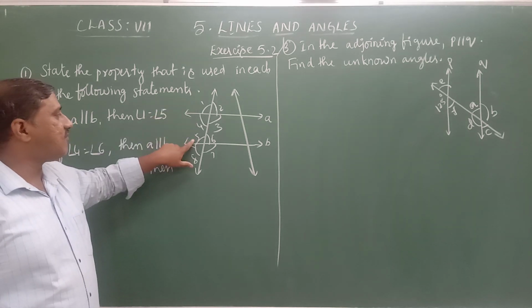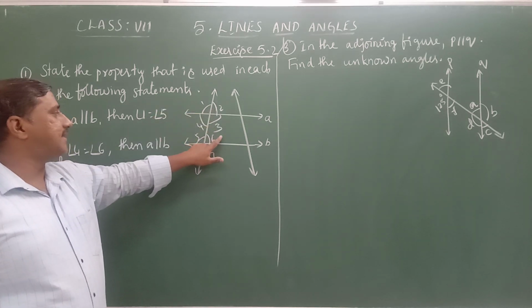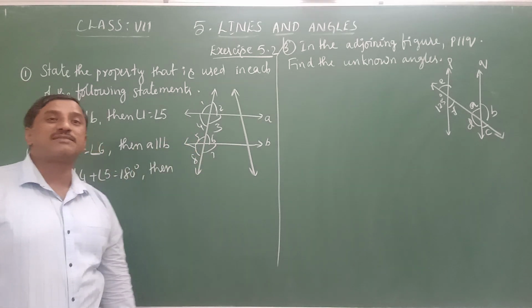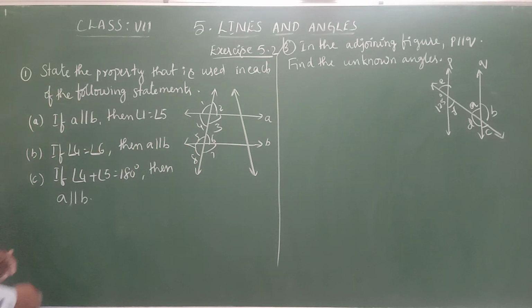Angle 1 and angle 5, angle 2 and angle 6, angle 3 and angle 7, and angle 4 and angle 8 are corresponding angles. Now three statements are given here.